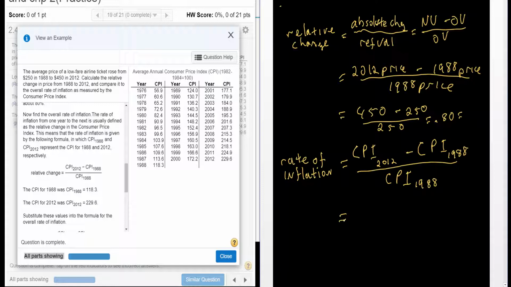And from the table, we see that the Consumer Price Index for 1988 was 118. From the table, we see the Consumer Price Index for 2012 was 229.6. So you plug into our formula.